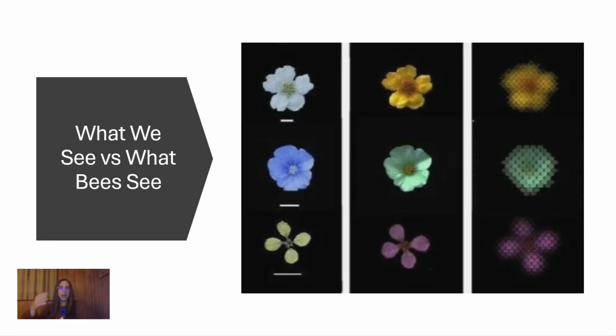So instead of seeing really defined, sharp shapes like we do, their vision is a lot more blocky and abstract, if you will.